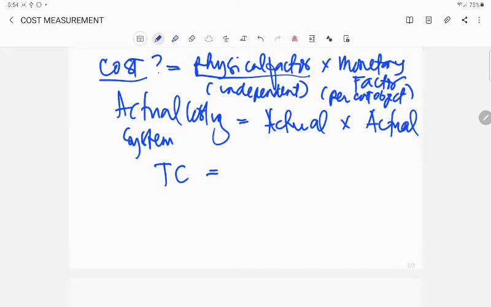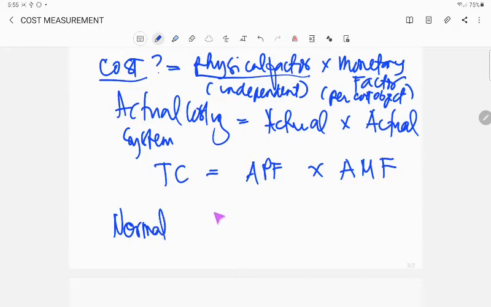So, you have the actual physical factor multiplied by the actual monetary factor. This is your Y, and this will be your X, and this will be your cost object. Now, let's go to the normal costing system.